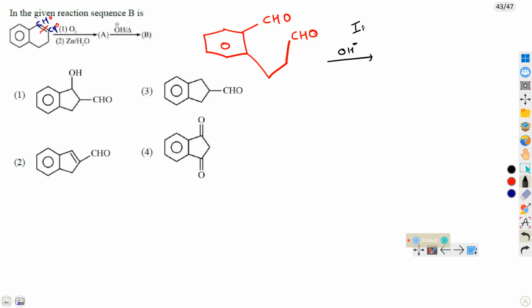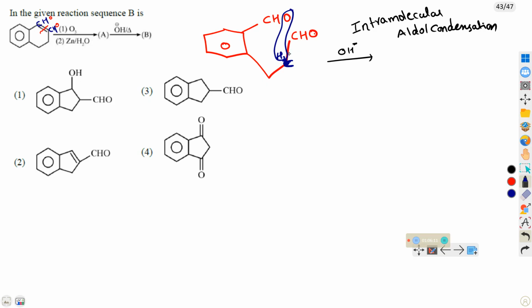intramolecular aldol condensation takes place. This is the alpha hydrogen. Alpha carbon contains two alpha hydrogens. Remove H2O.